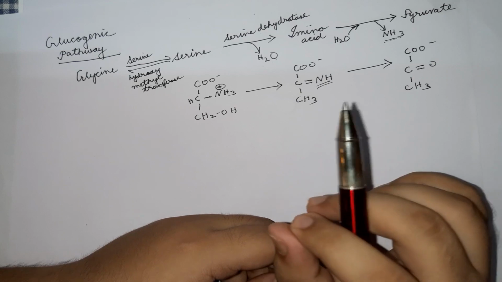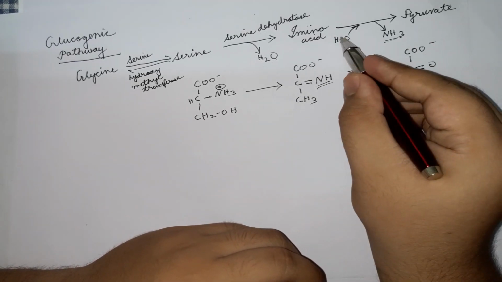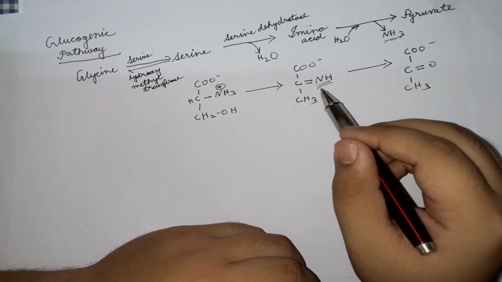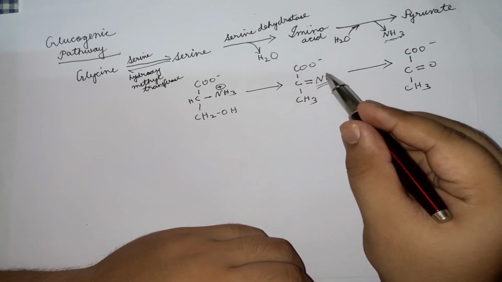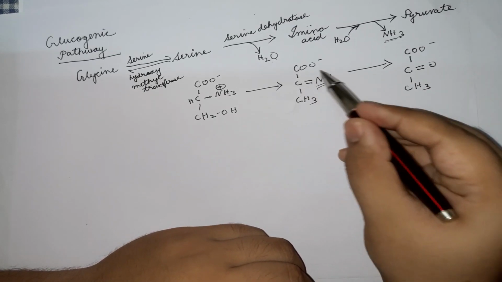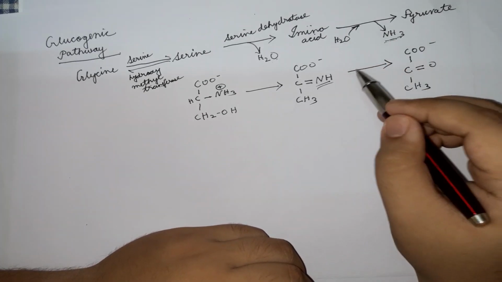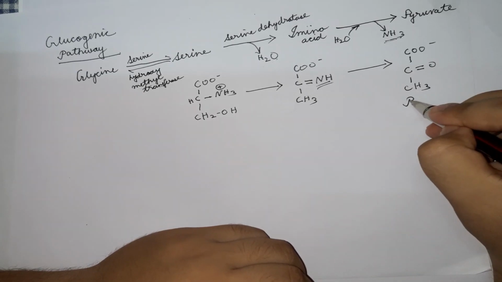But for the sake of simplicity, we can think that water is donating its hydrogen atoms, not molecules, hydrogen atoms, leading to the removal of the amino group in the form of ammonia from the reaction, and the oxygen itself is getting double bonded to the carbon and forming pyruvate.